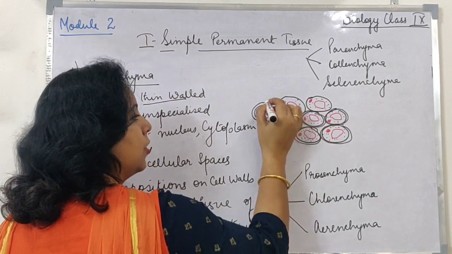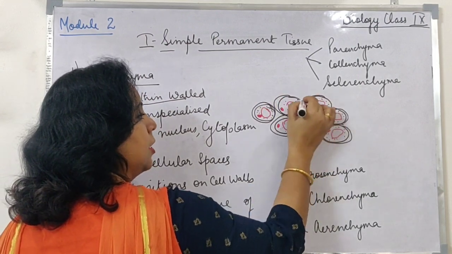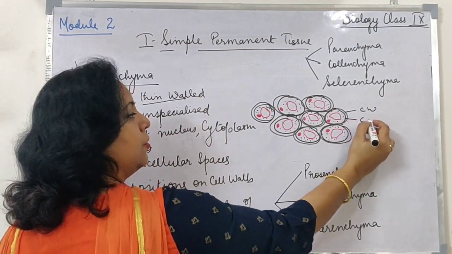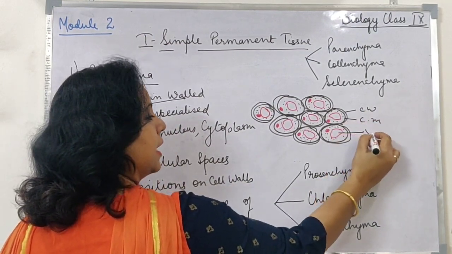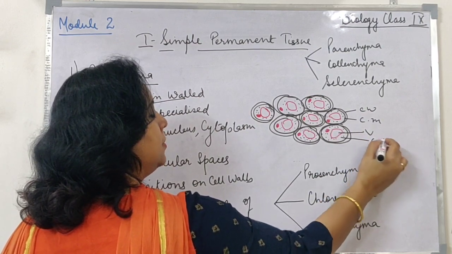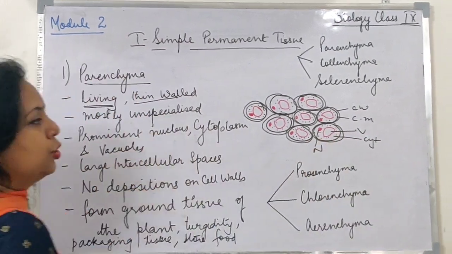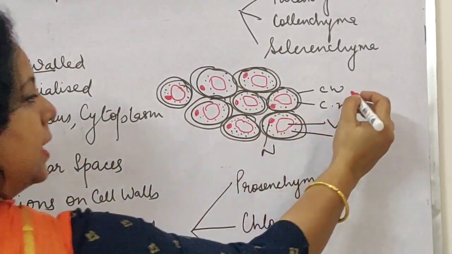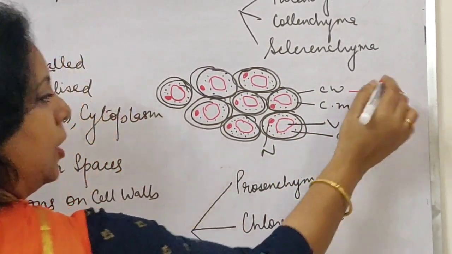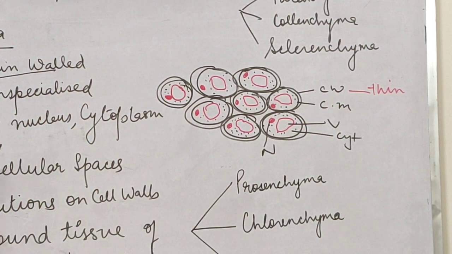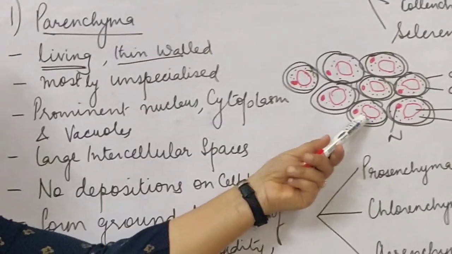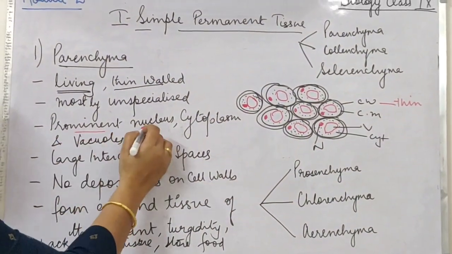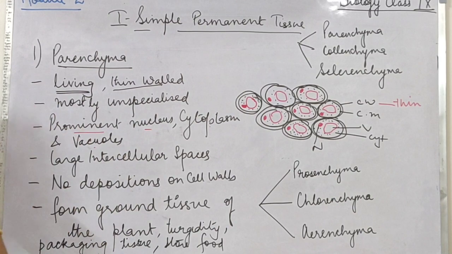Always we should draw two layers, one for the cell wall, the inner one for the cell membrane. This is the vacuole, cytoplasm, and nucleus. So in case of parenchyma, the cell wall is very thin. The nucleus, the cytoplasm, and the vacuole are very prominent.